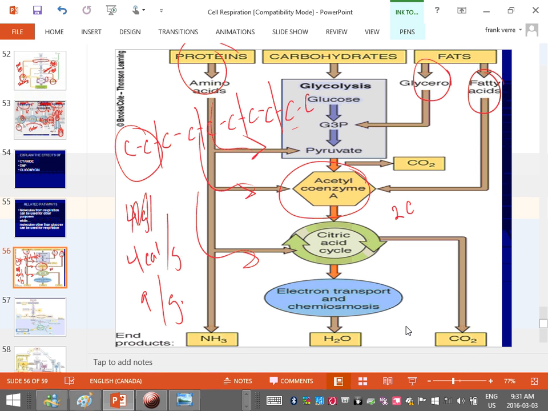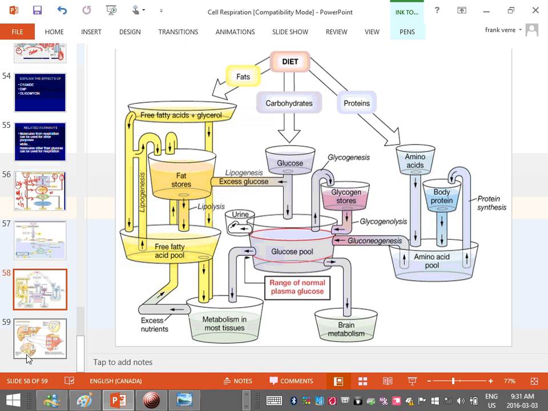Here's the thing. You see this? It can be reversed. So here's a neat little chart showing you this. If you have excess sugar, what happens to that excess sugar? So here's the glucose.